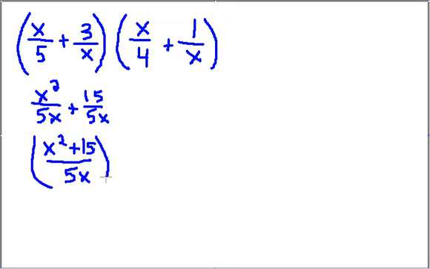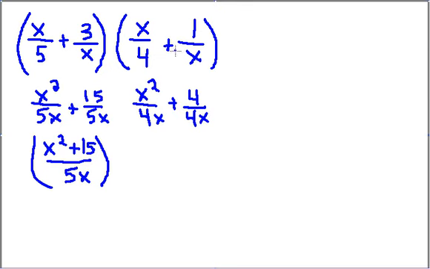We're going to do the same thing to our second polynomial. Here's our denominator, x. We're going to multiply top and bottom of our first fraction by x. So that's going to give us x squared on the top and 4x on the bottom. Now for our second term, we're going to multiply 4, our first denominator here, times top and bottom. 4 times 1 is a 4. And then on the bottom, 4 times x would be 4x.